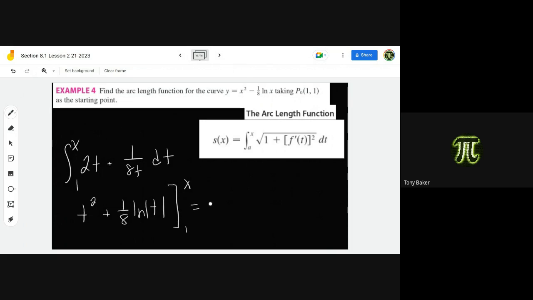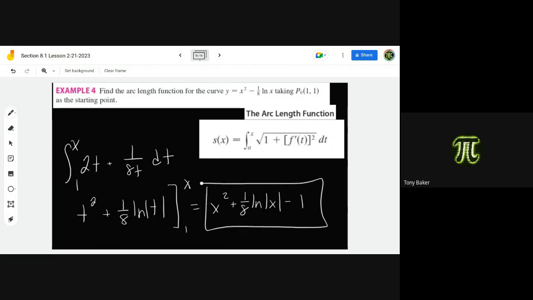So if we plug in x, I get x squared plus 1/8 ln of x. And if I plug in 1, I get minus 1, because they gave you the point. They wanted you to start at 1, 1.